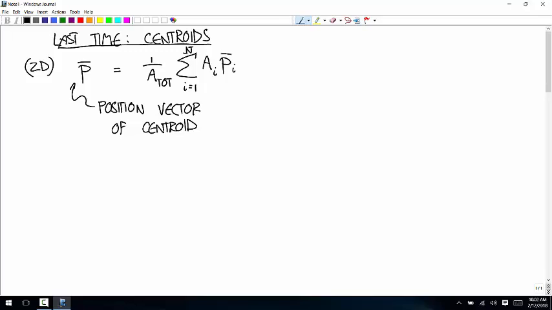Okay, it's just a little bit different notation, but it's the same thing we were talking about last time.